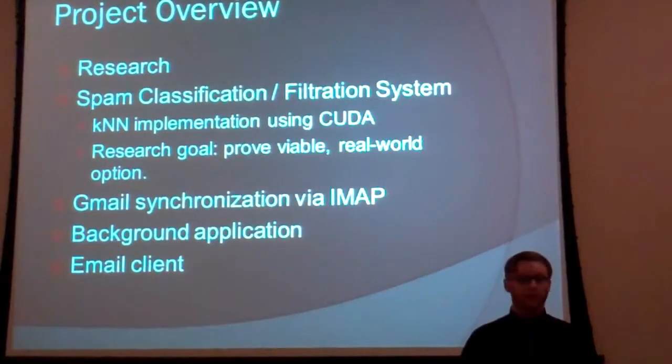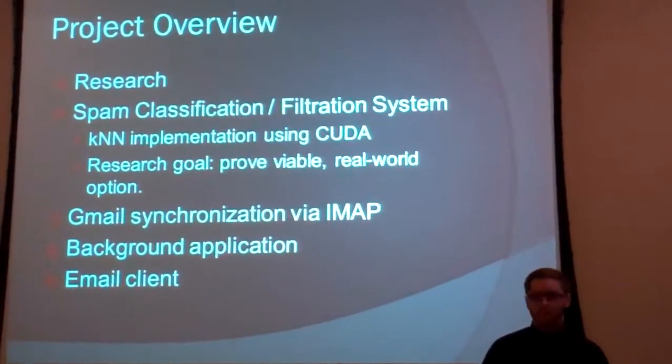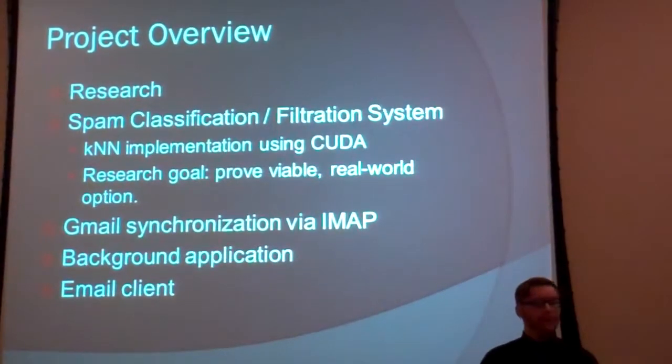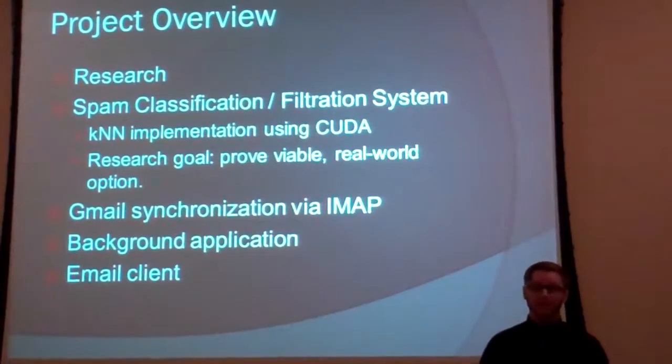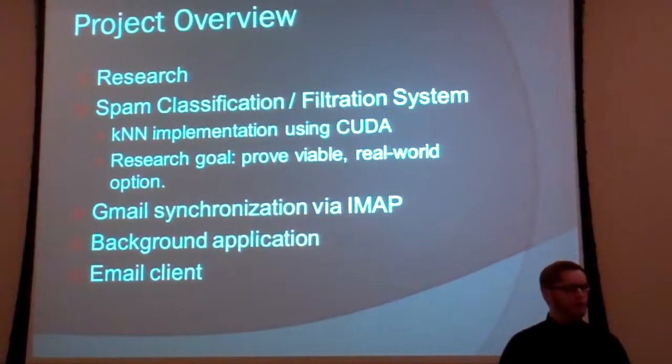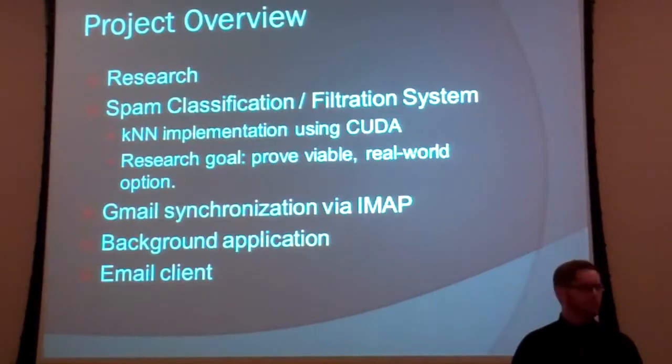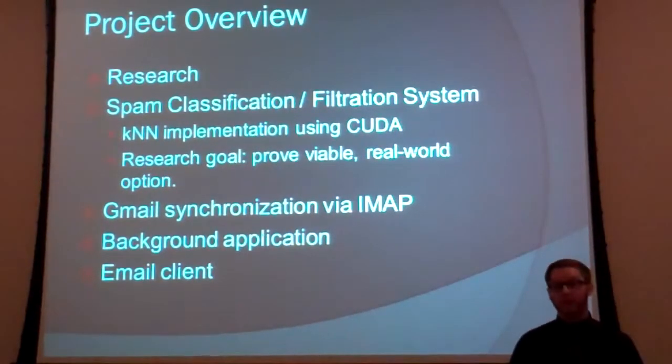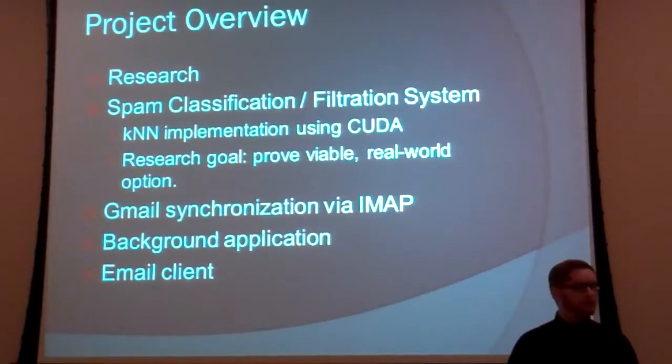As far as email synchronization, we're using the IMAP protocol to synchronize with Gmail accounts. The application itself runs primarily in the background with as little user interaction as is necessary, aside from just basic settings. And then, time permitting, we'd like to implement a fully fledged local email client, much like Outlook, but that was not given as a core requirement.